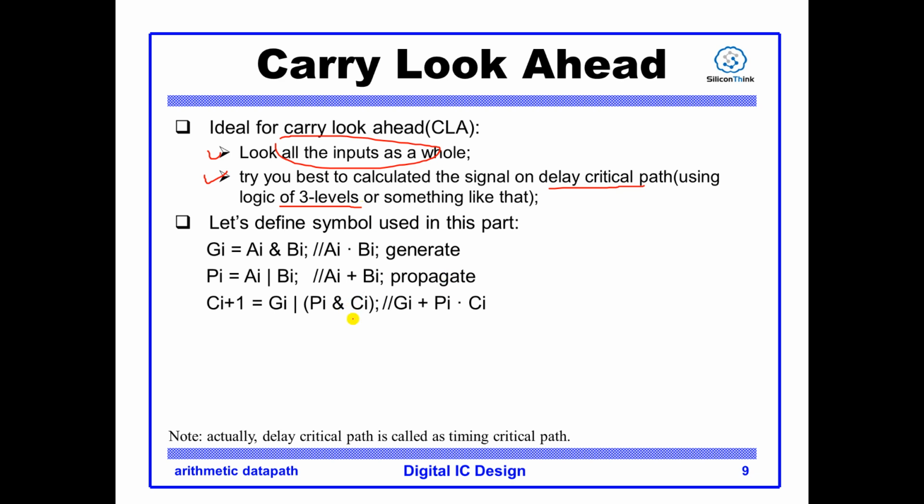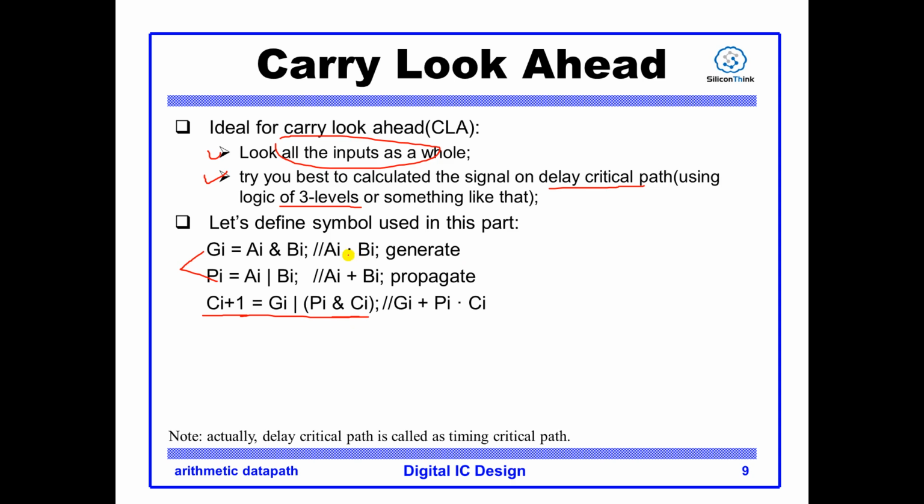Let me explain the carry look ahead to give you a simple explanation. If you don't understand the following part, it's okay. First, we calculate the G and P equations. This is the same as the full adder. And then we will calculate the carry out. This is also the same as we have learned before.